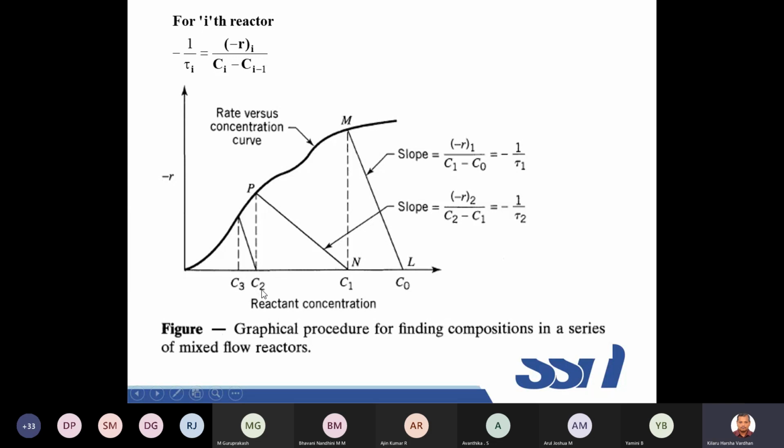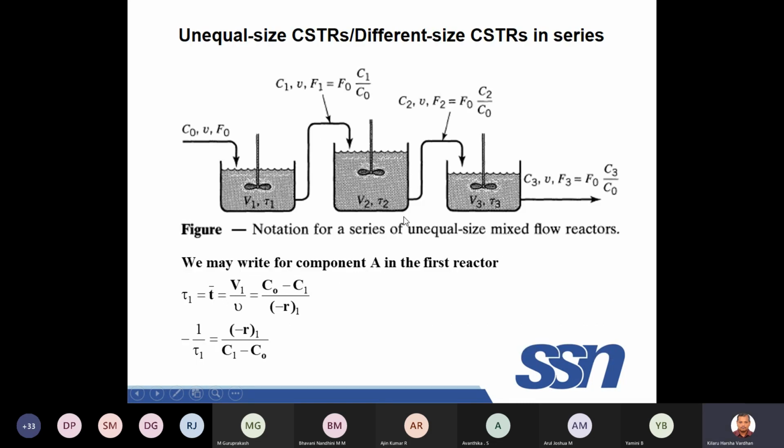Again, if you want to calculate C3, you do it with a slope of minus 1 by tau 3, a negative slope. You cut the rate curve and again project it to calculate C3. This goes on n number of times, as many reactors as you want to keep.